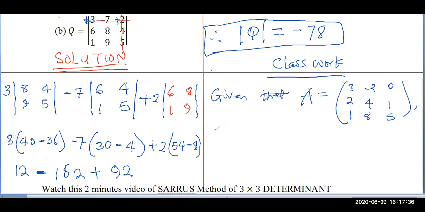Find its determinant. Okay, so that's the question. All right, not more than 5 minutes, I'm sure. It's very simple. So I will be doing mine, and of course you should be doing yours also.